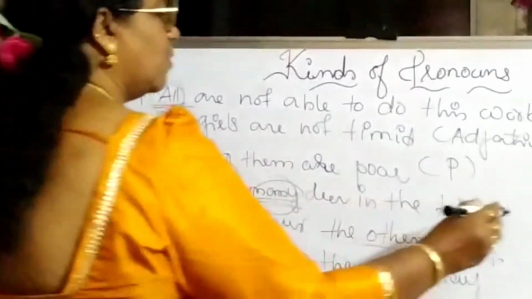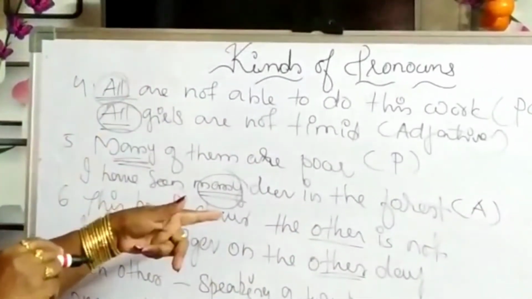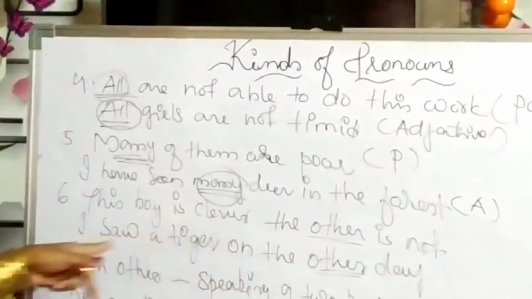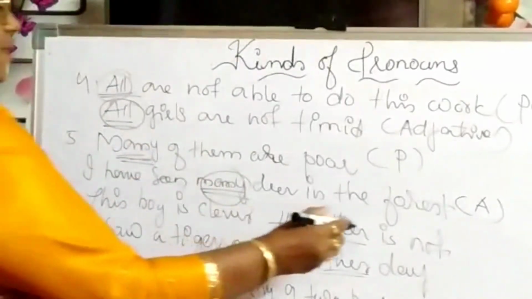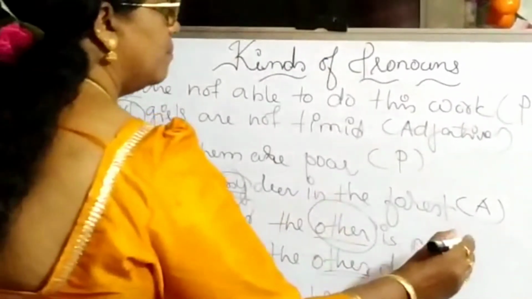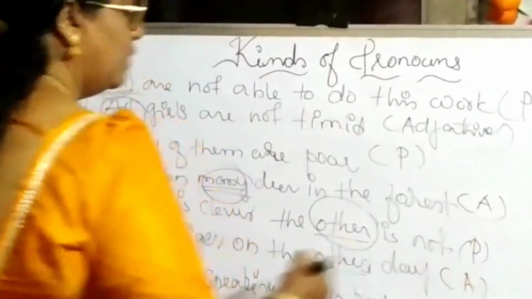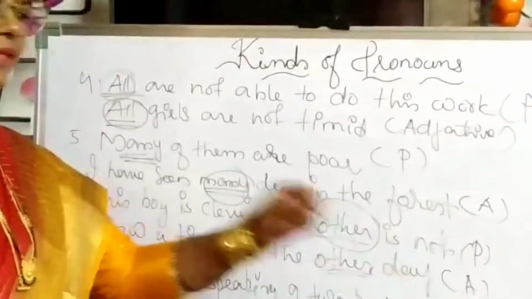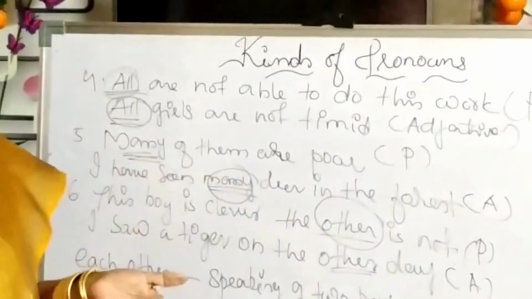This "many" is an adjective. This boy is clever and the other is not. I saw a tiger the other day. The first "other" is a pronoun and the second "other" is an adjective, because it qualifies the day. Each other: what is the meaning of each other?